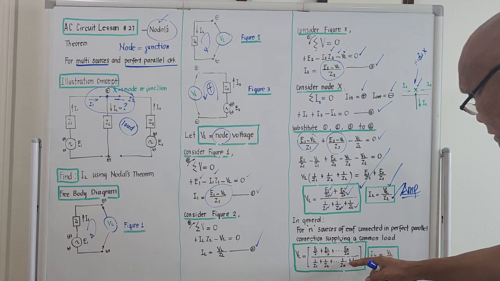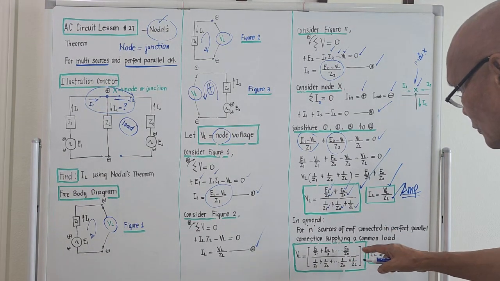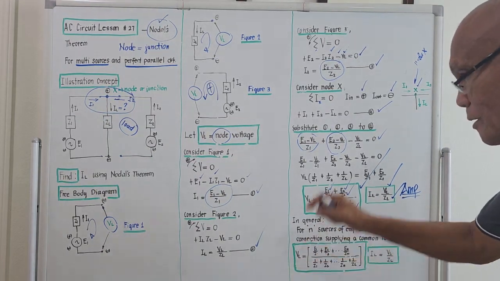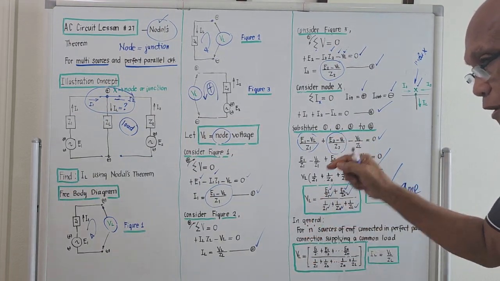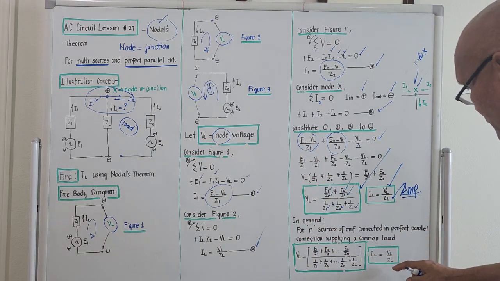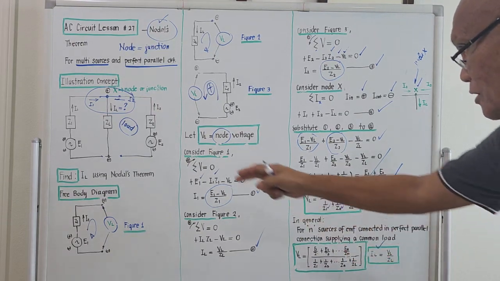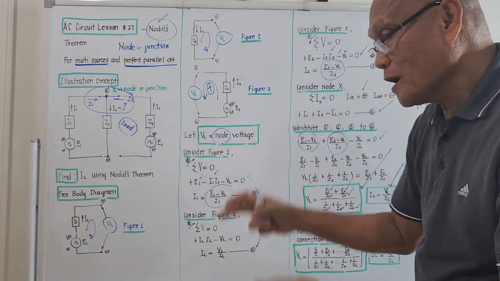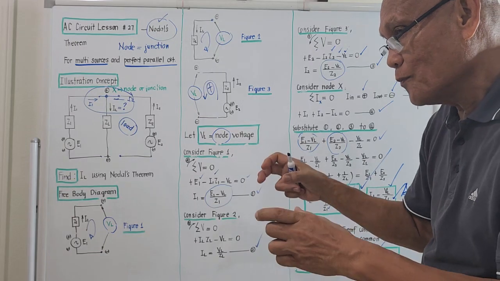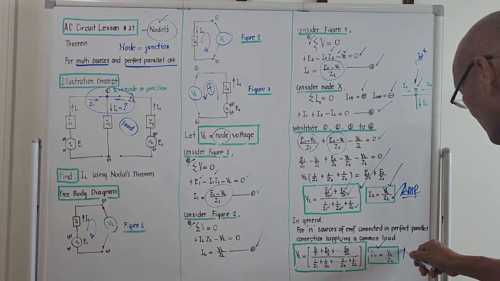The last part is plus 1 over C sub n. So that will be the formula on how to compute for the value of B sub L for n sources of EMF. After the computation of B sub L, we divide that by C sub L, and that will be the current passing through that load if there are n sources of EMF, and the unit is still amperes.